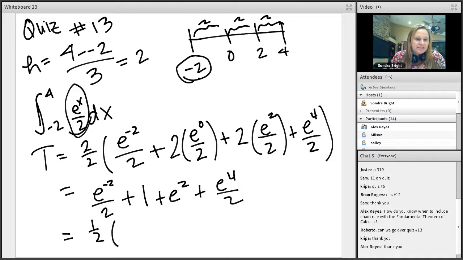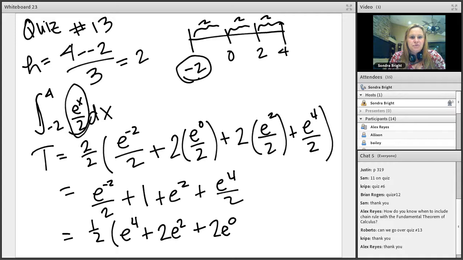If you recognize that part D is rearranged, they factored out the 1/2 from all of the terms, and then they wrote the e to the 4th first, and then the e squared, which means you need to multiply by 2 to get that, and they even left the 2 e to the 0.